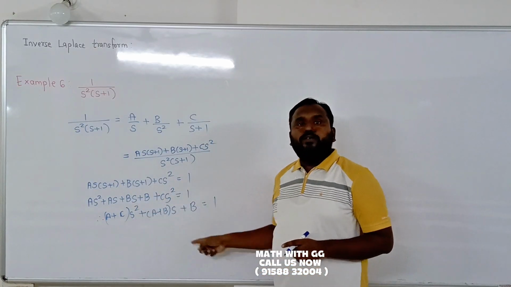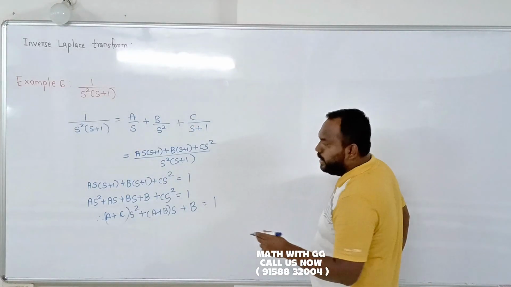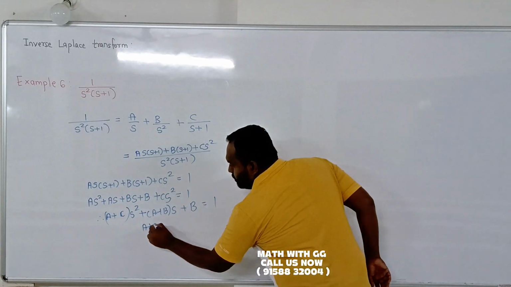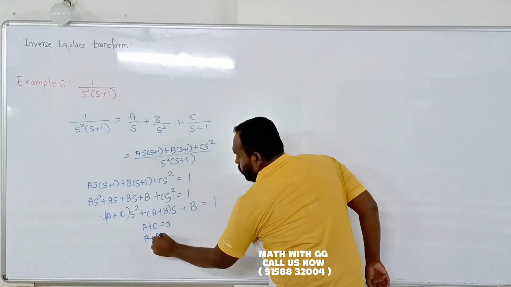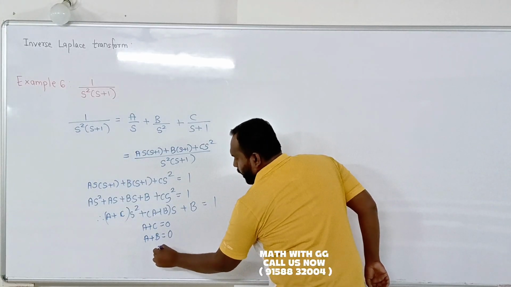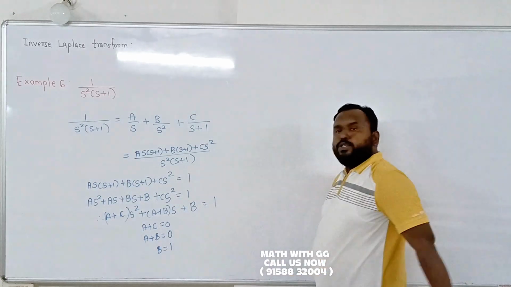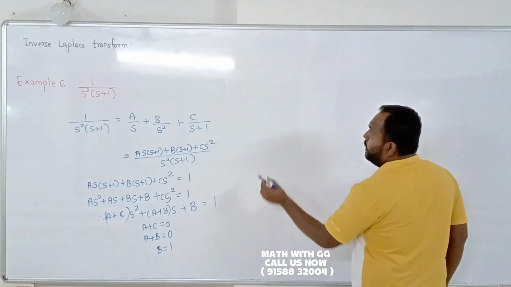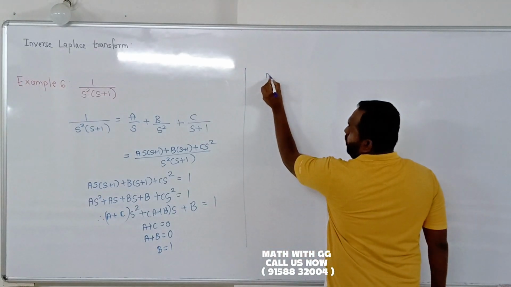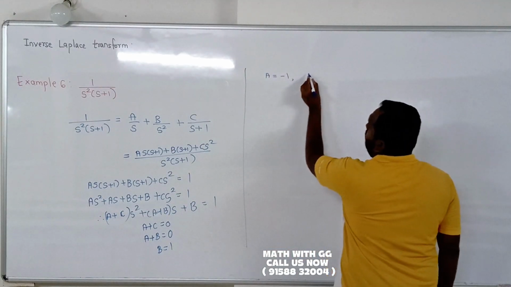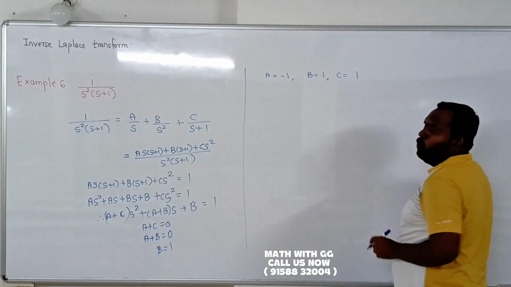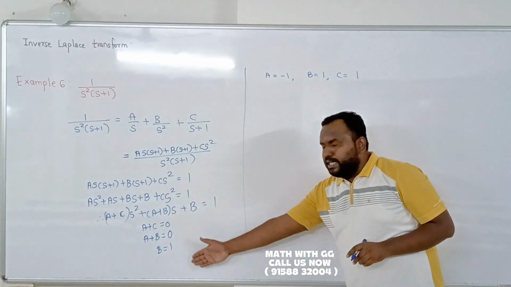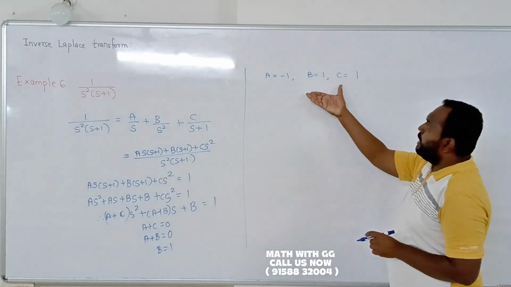Now comparing the coefficients of s square, s, and the constant term, we have a plus c equal to 0, a plus b equal to 0, and b equal to 1. So solving these three equations simultaneously, we get a equal to minus 1, b equal to 1, and c equal to 1. If we solve these equations using a calculator, these values can be easily calculated.